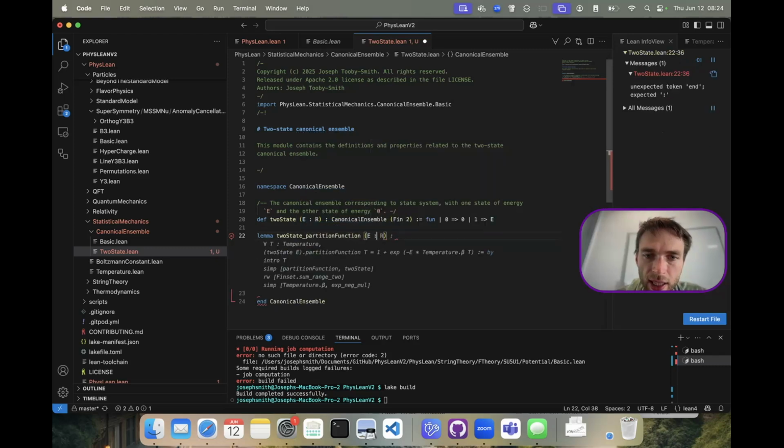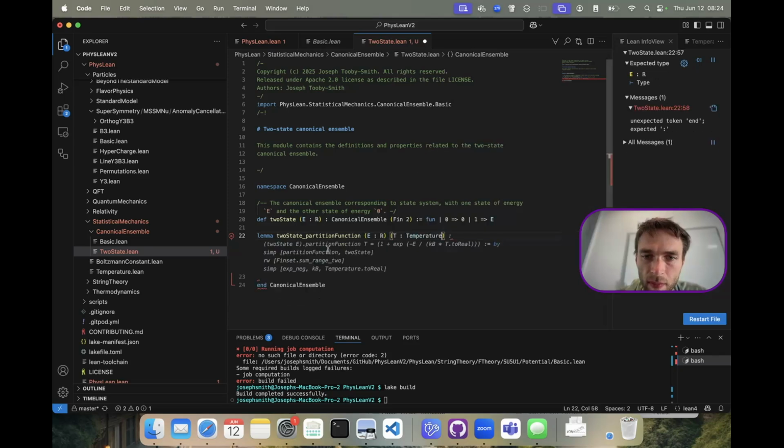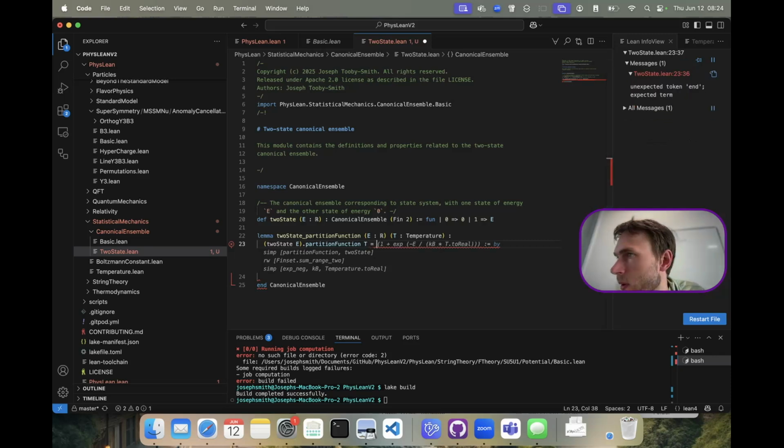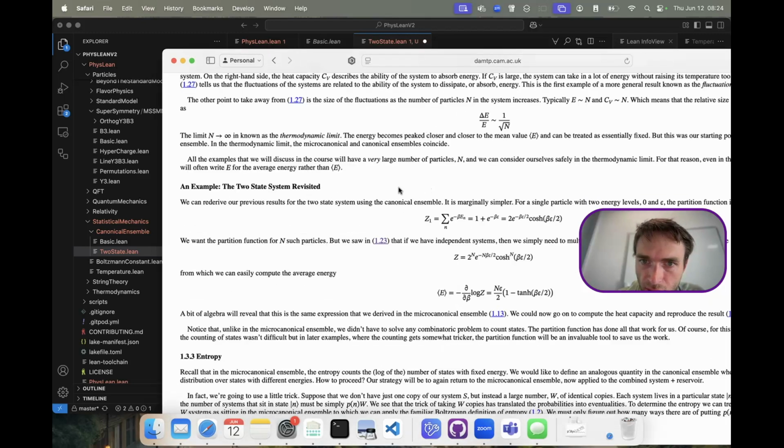And we want an energy E. And we also want a temperature. And we want to show that, GitHub Copilot does quite a bit of the work for us, but it doesn't quite show exactly what we want to show, because we want to show that the partition function of this system is equal to this thing here.